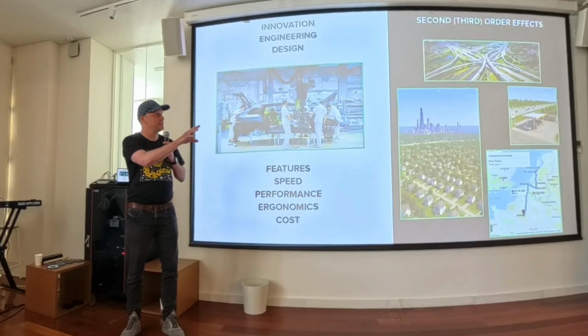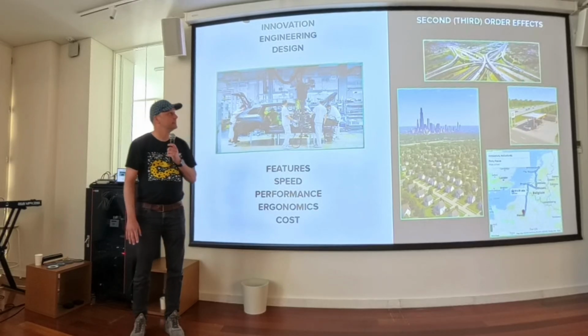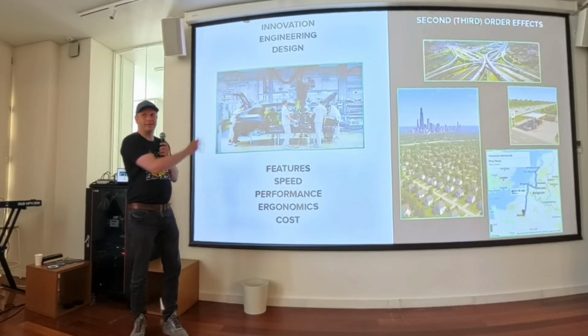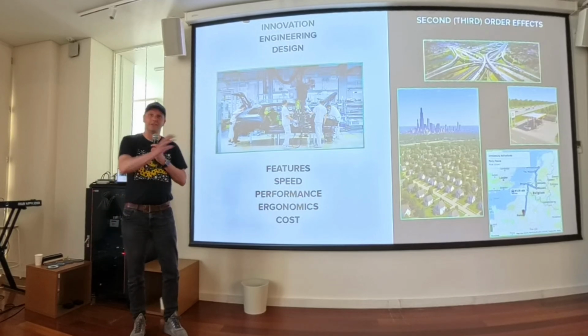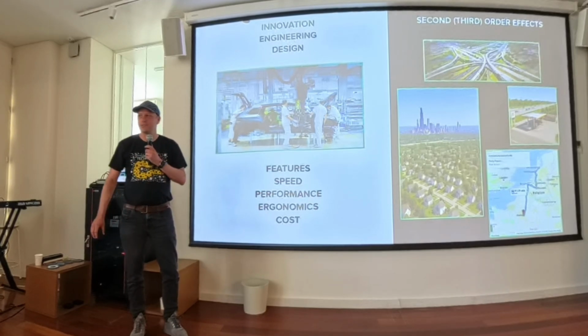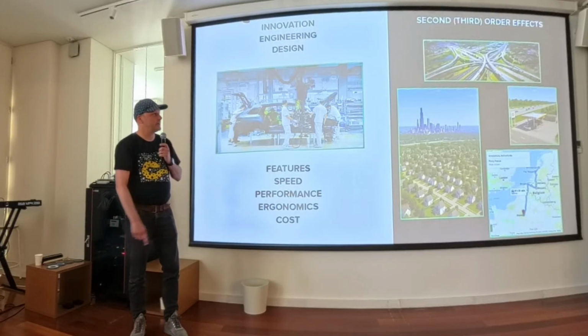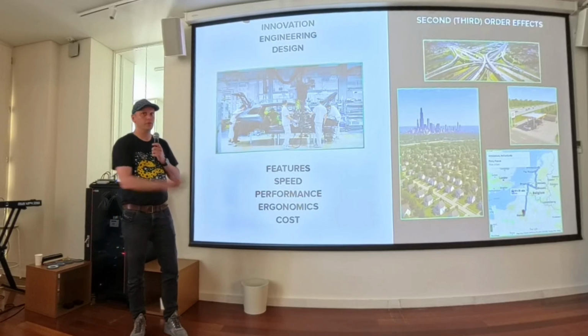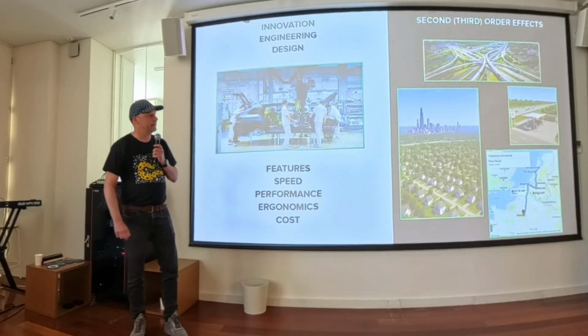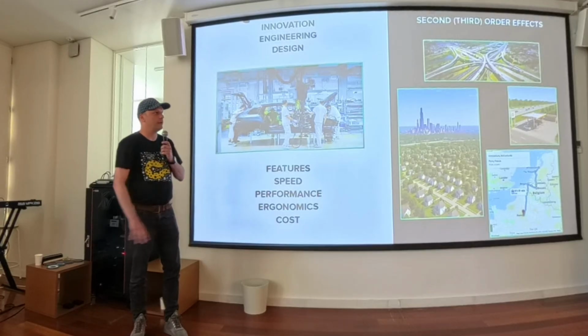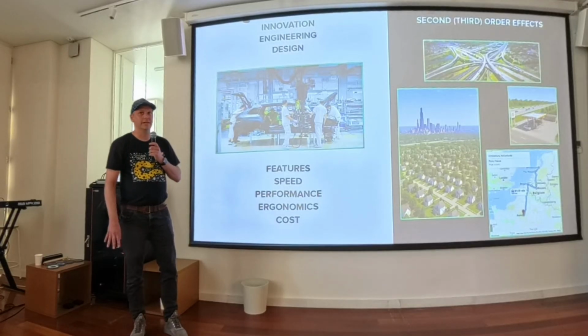But there are second and third order effects. The car was designed 100 years ago, but it has changed society, it has changed industry. A highway system was created due to the car. Urbanization, people moved out of the city, the oil and gas industry was formed for the energy it needed.